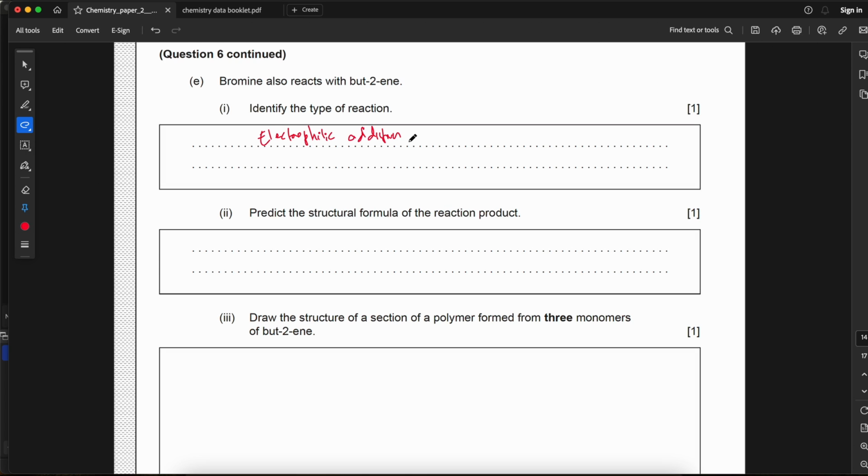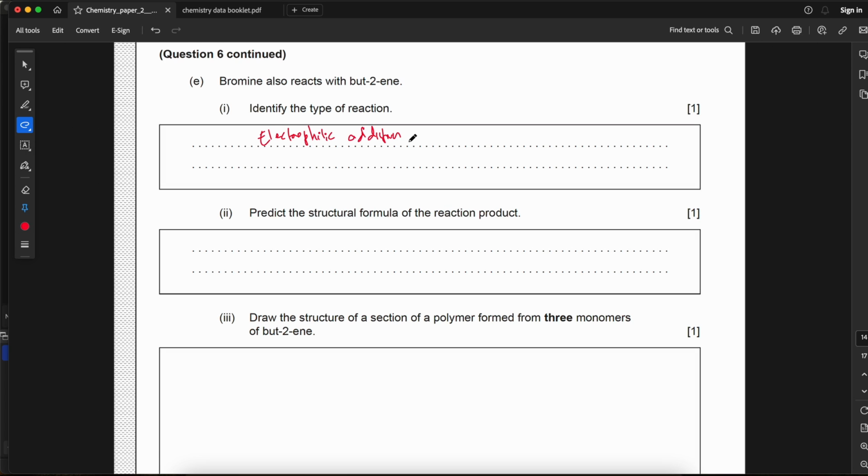It has a double bond. So butene attacks the electrophile, causing the double bond to break. So the electrophile is partially positive and it breaks the double bond.